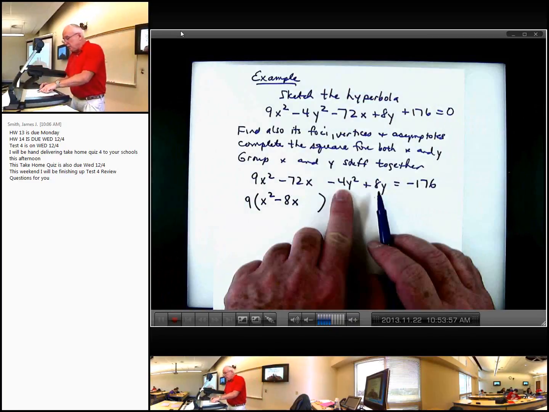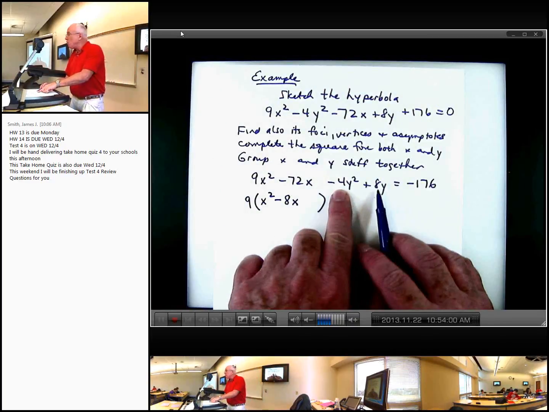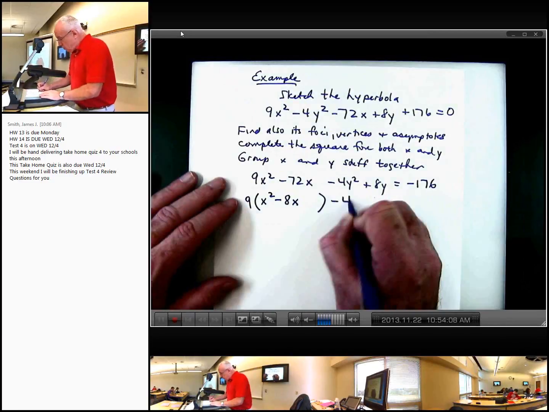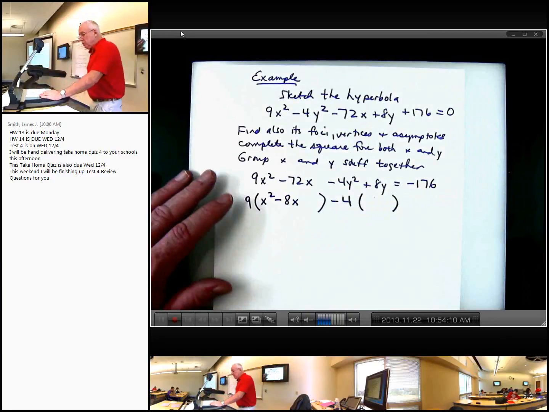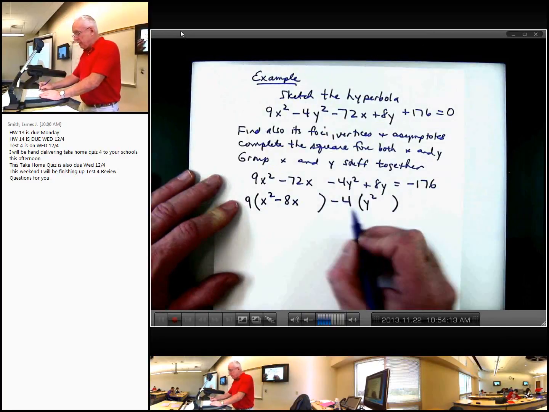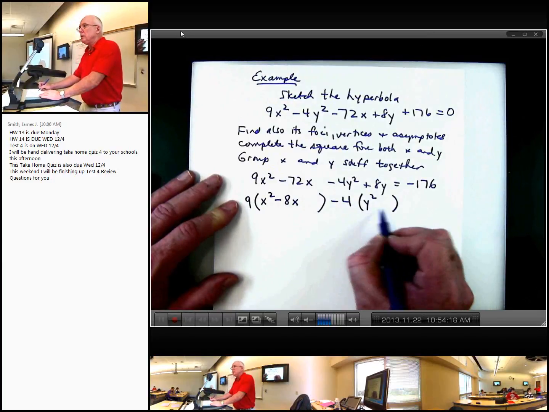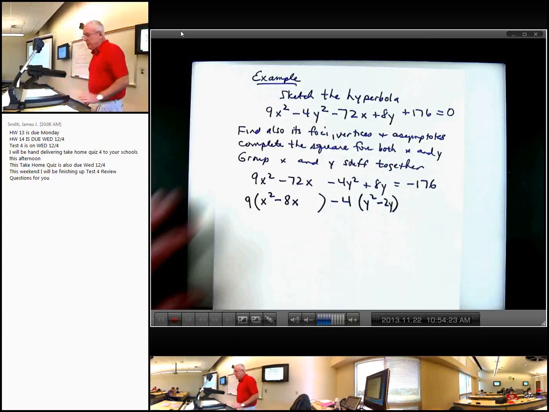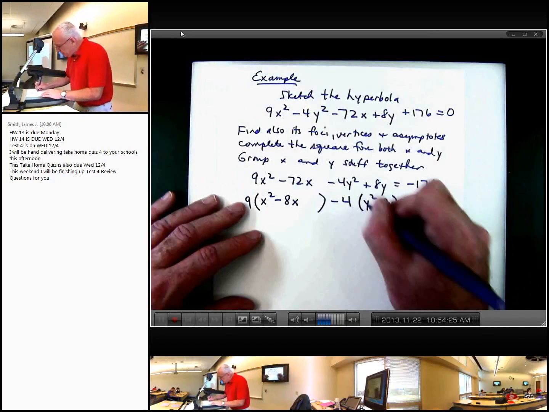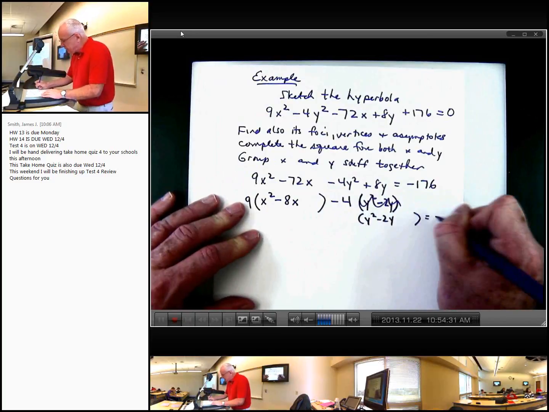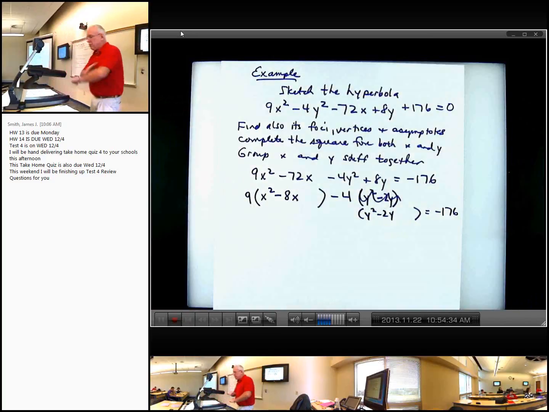Then we look at our y terms, and again, I can take a -4 out of each one of these two terms so that I'm leading with a y squared. -4, and then what I'm leading with here is y squared. What do I have to put here to correctly complete this? Yeah, -2y, got to be careful with that. Ooh, and I needed to leave some space. y squared minus 2y, let me leave some space, and this all equals -176.